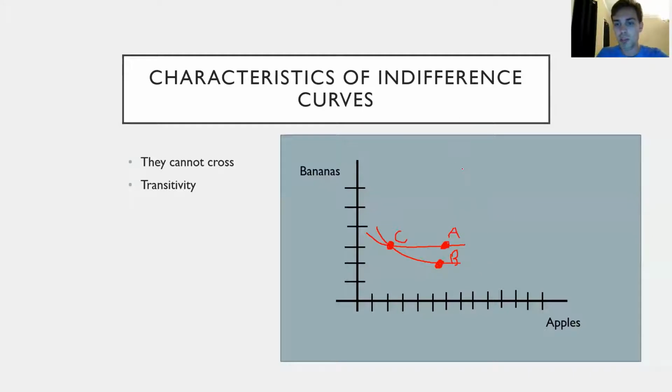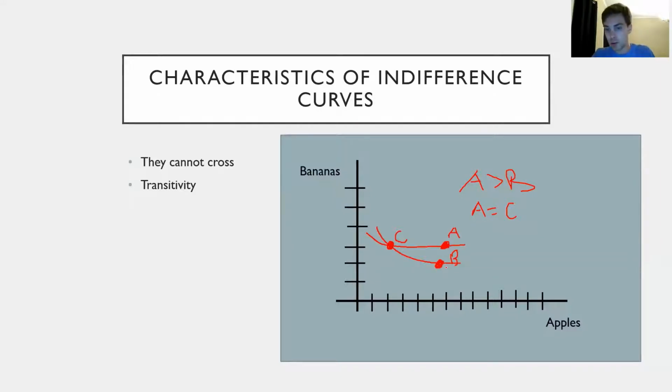So we know that because A lies northeast of B, A has to be greater than B, right? So A is giving us more utility than B is giving us. Now we also know that C lies on the same indifference curve as A, which means that A is equal to C in terms of the utility we get from that bundle.